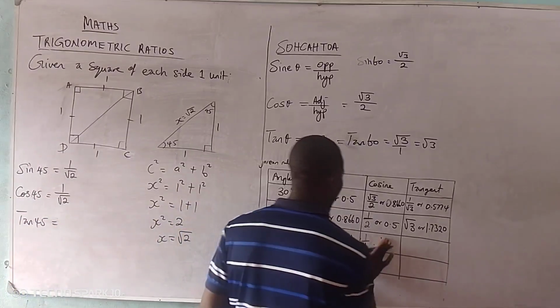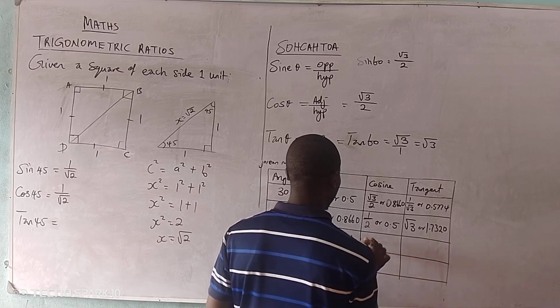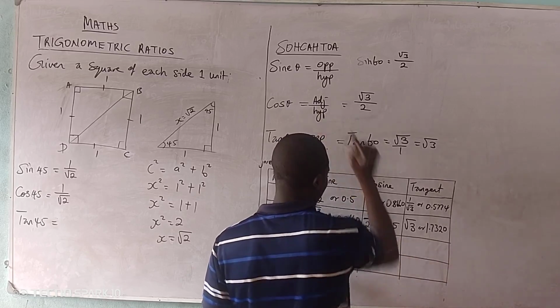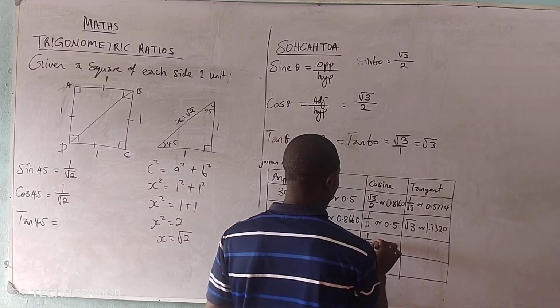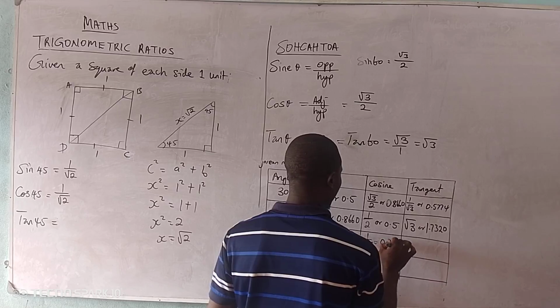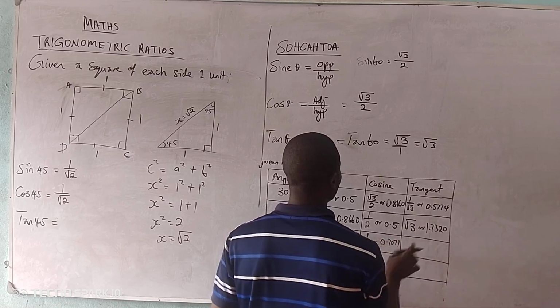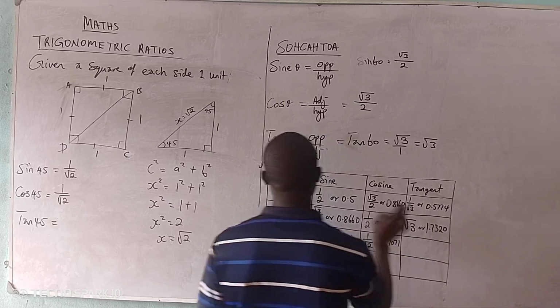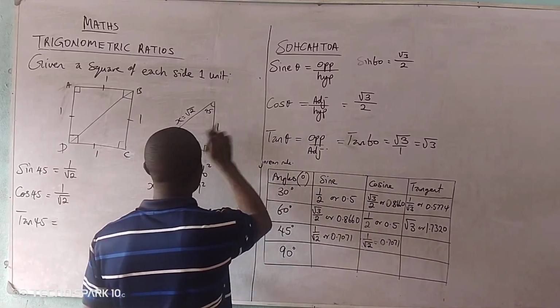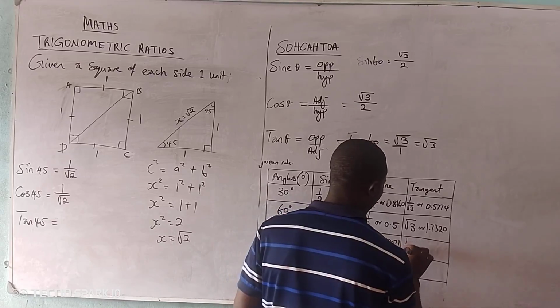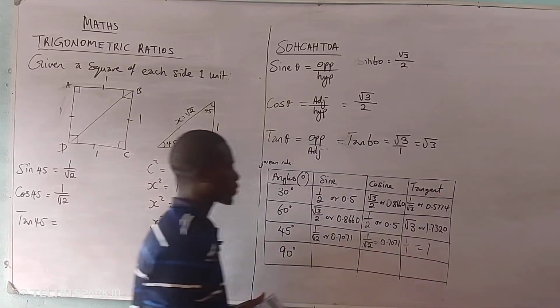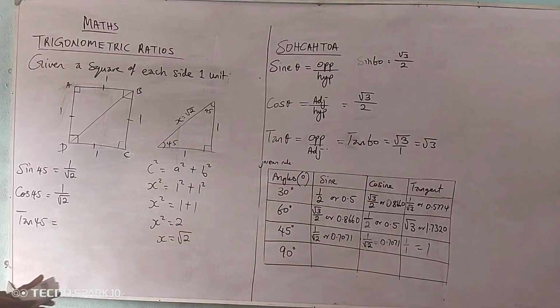So adjacent over hypotenuse is 1 over root 2, which is 0.7071. Then tan 45 opposite to adjacent is 1 over 1, which is equal to 1. That's tan 45.